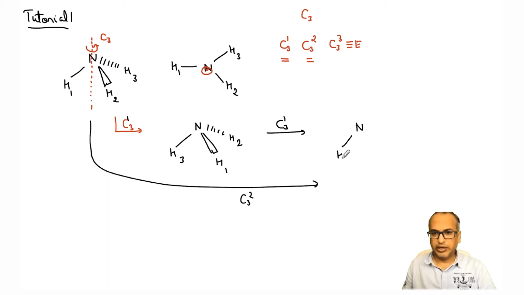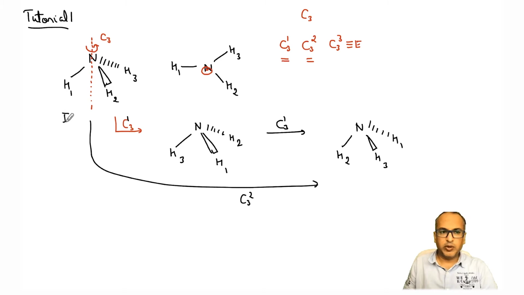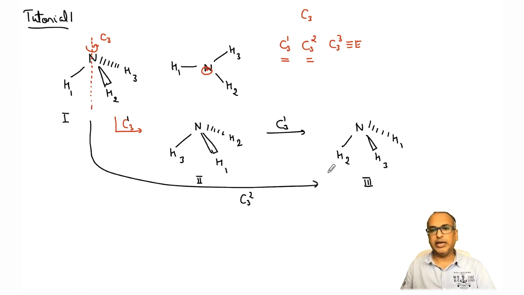Again I will get this, and now 1 moves here, 2 moves here, 3 moves here. So this is C3 square. If I call this molecule 1, this configuration 2, and this configuration 3, then 1, 2 and 3 are equivalent configurations, not identical.